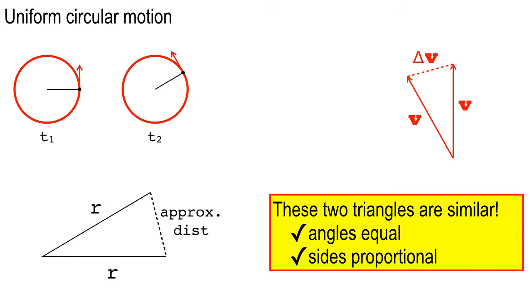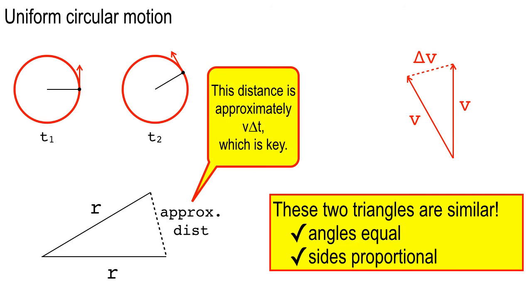Now, before we do that, let me just add this comment. This approximate distance is V delta t. It's approximately V delta t. Now V is the speed that this thing's motoring around the track.